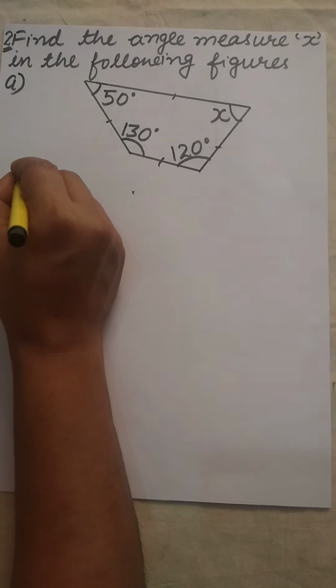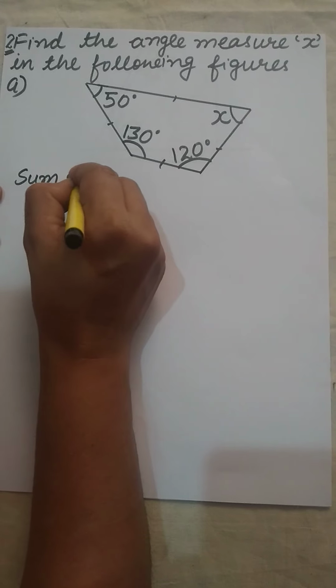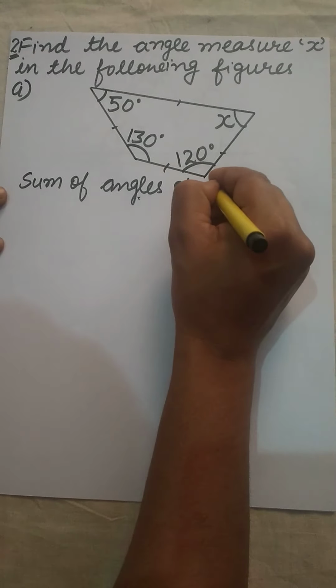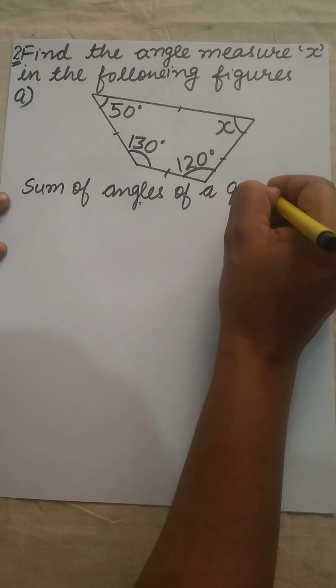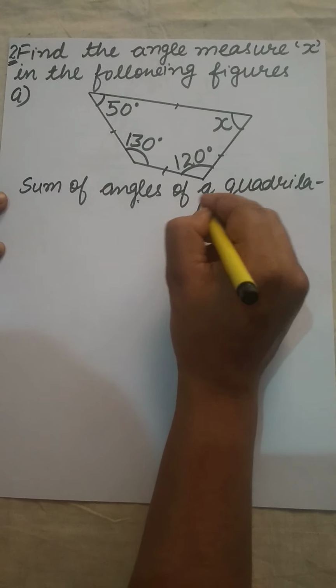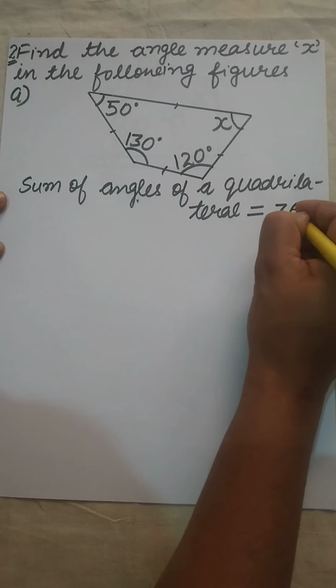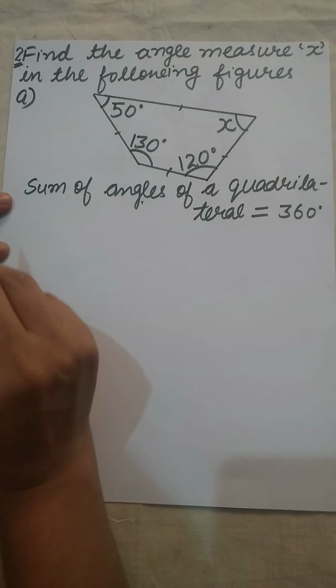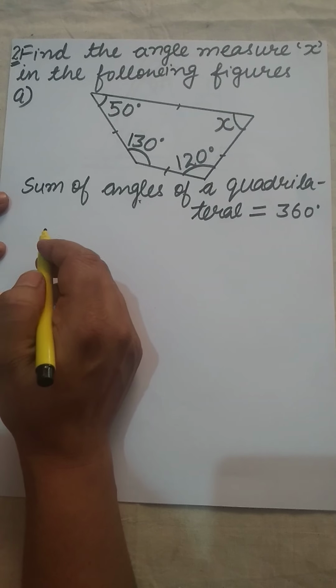So write down sum of angles of a quadrilateral is equal to 360 degree.